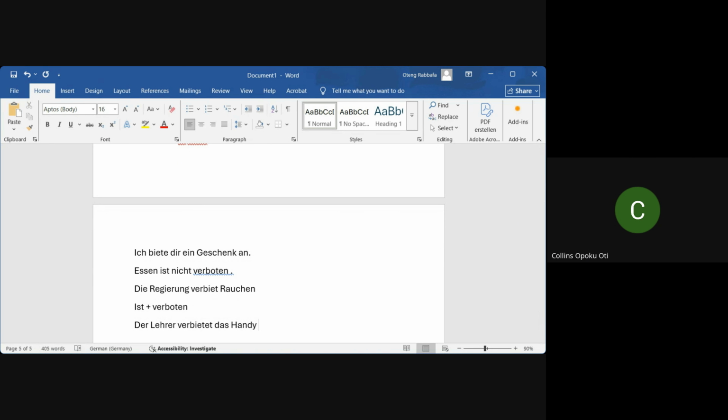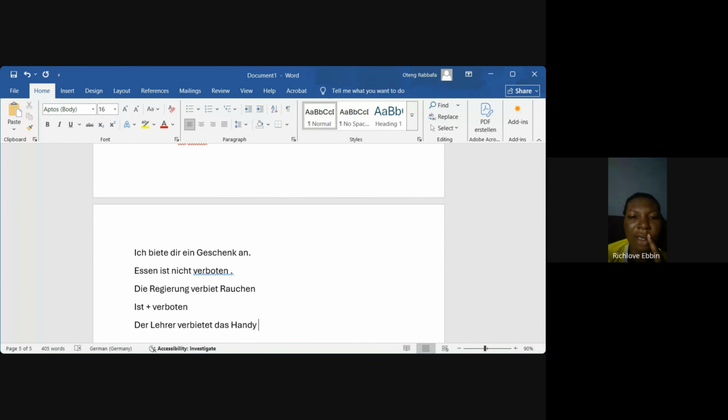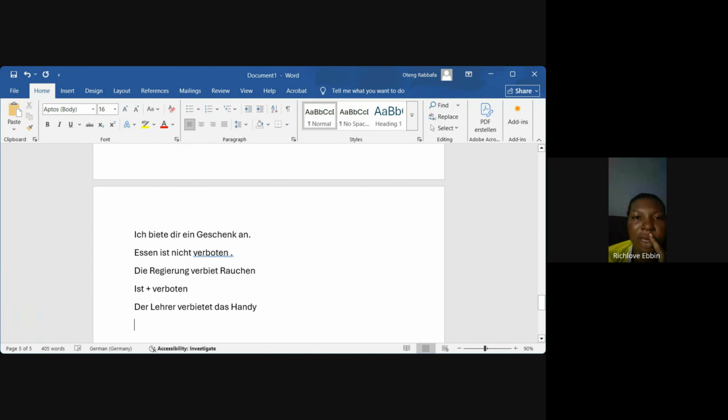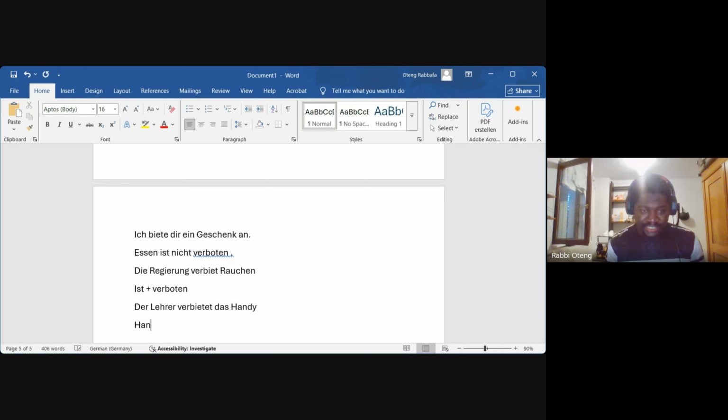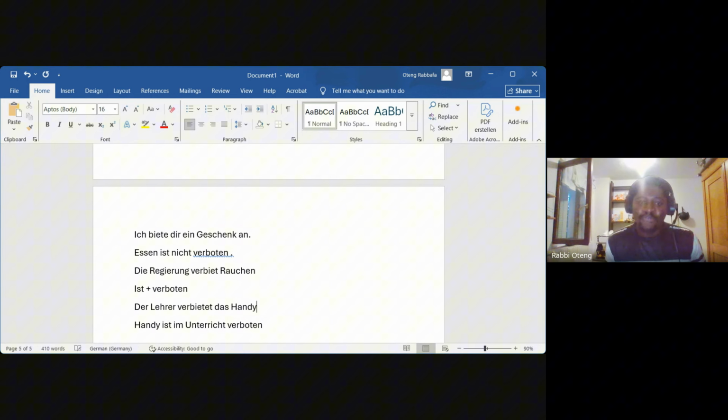You can say prohibit. Normally it's prohibits because the Handy. Das Handy ist im Unterricht verboten. Phones are banned in class. But also you can say the teacher is in the process of still banning it, the teacher still bans it.